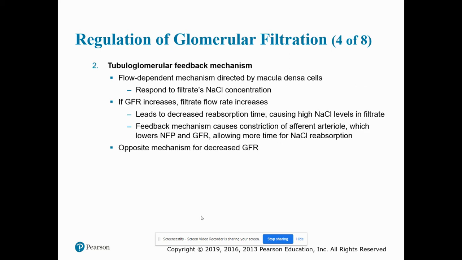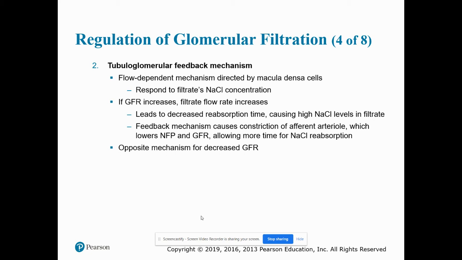We have the tubular glomerular feedback mechanism. This is a flow-dependent mechanism that's directed by the macula densa cells. And if you remember, the macula densa cells are going to respond to the concentration of sodium chloride in the filtrate. If GFR increases, filtrate flow increases.